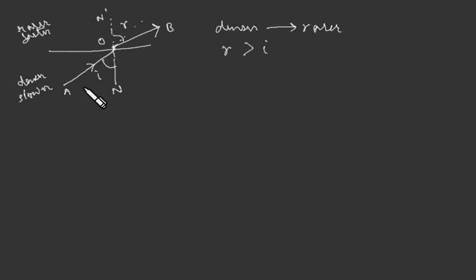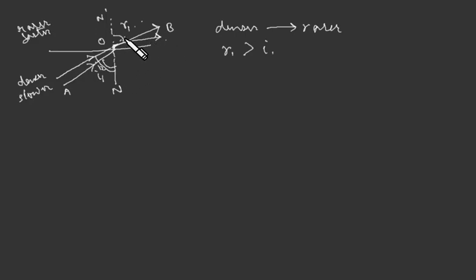Okay. Now what happens if we keep increasing this angle of incidence? Let's say for I1 it goes away from the normal, right? If we increase the angle of incidence from I1, let's say this is R1, and then we move on to I2, then the light will bend even more, so it will go towards this.